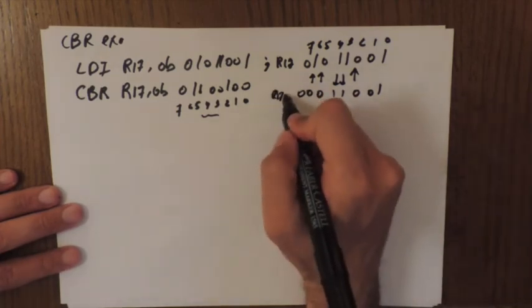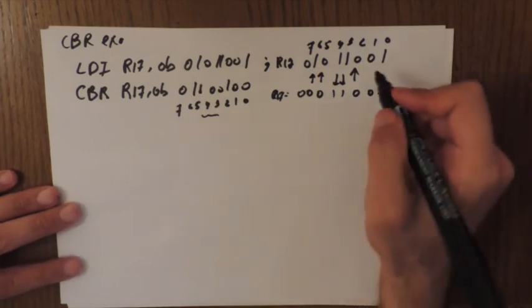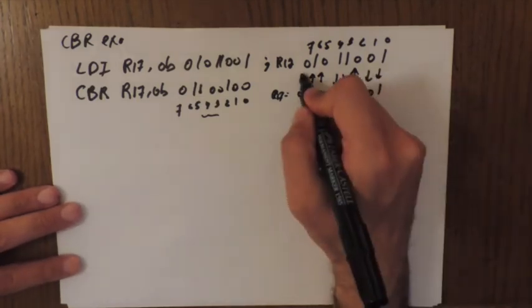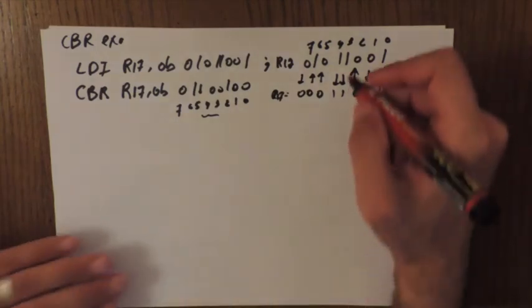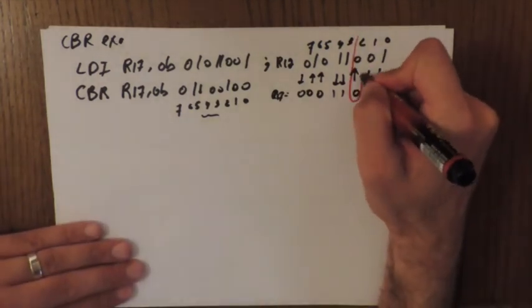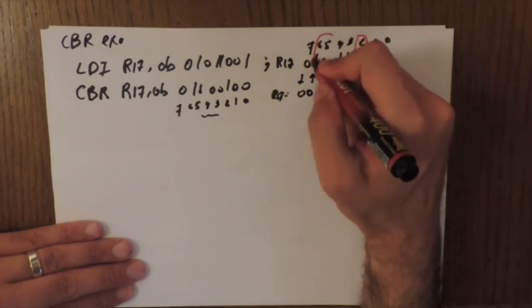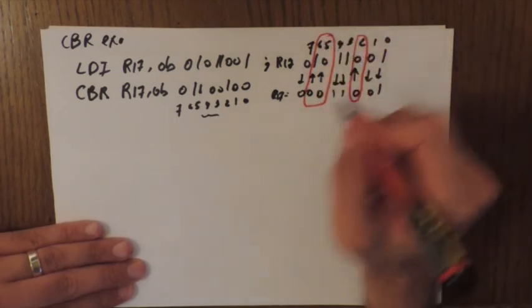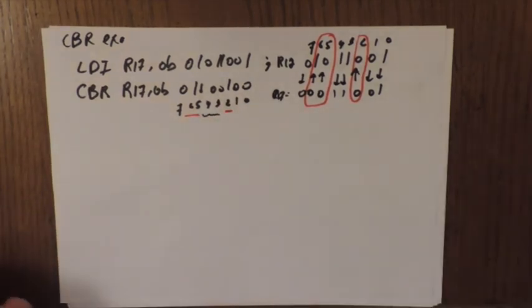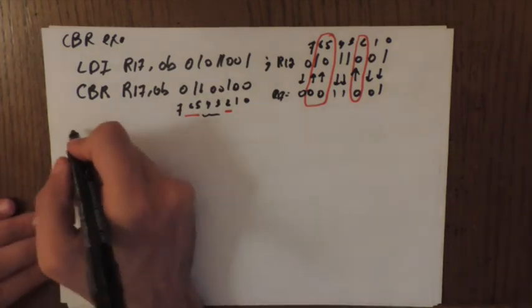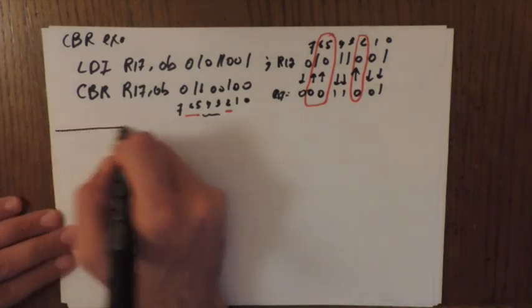Now we have R17 equal like this. These all stay the same. So we see that we cleared these bits, which are indicated by 2, 6 and 5, and we can give whatever constants we have. These are CBR and SBR.